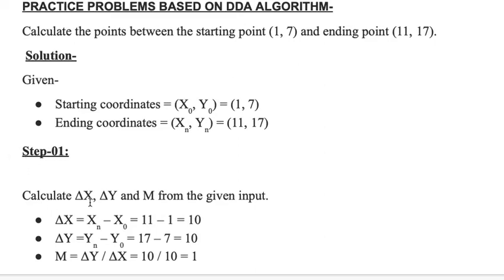Step 1 is to calculate delta x, delta y, and m from the given input. Delta x is xn minus x0, that is 11 minus 1, which is 10. Delta y is yn minus y0, that is 17 minus 7, which is 10, and m is 1.